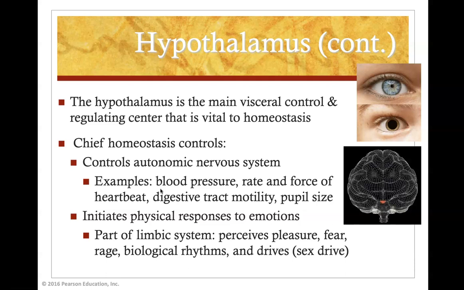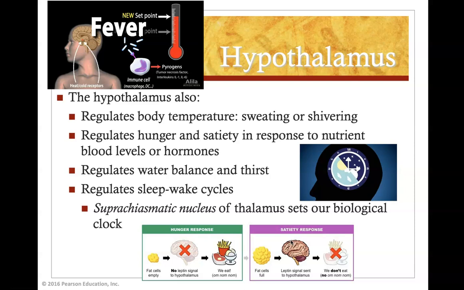It's the control center that can release hormones that can alter those things. And then it initiates certain physical responses to emotions. So again, your fear response, your ability to perceive pleasure, rage, biological rhythms, sex drive, things like that. Those are things that the hypothalamus controls.